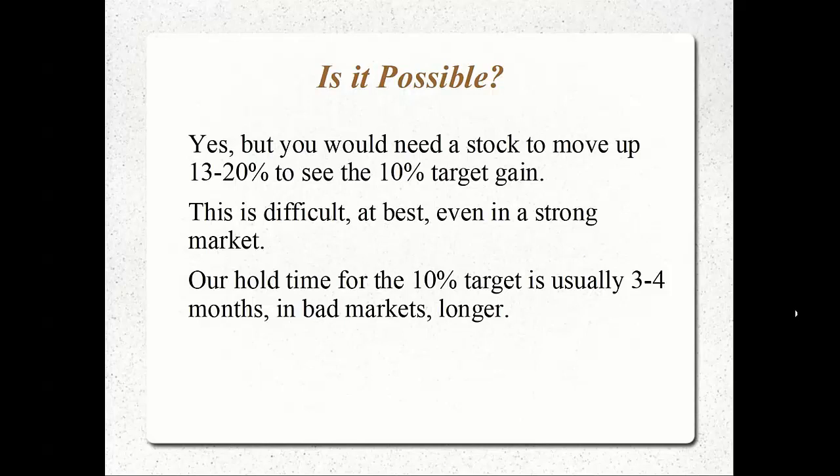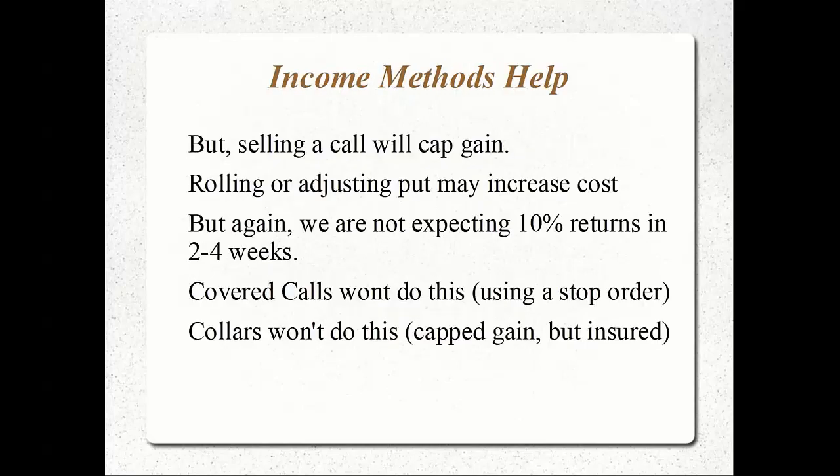Okay, here's a problem, and I'm going to have to illustrate this. James, I'm going to come back to your question after we have a couple more comments here on the risk-reward ratio and some other comments. I'm going to use the tool in PowerOptions to discuss this. What we call income methods in the married put structure helps, but selling a call will cap the gain.